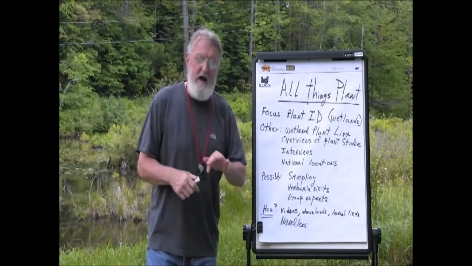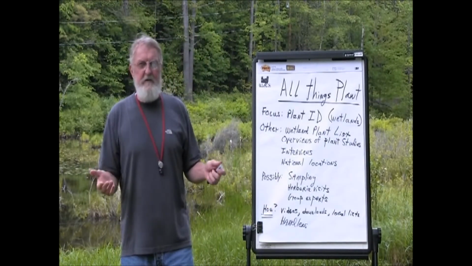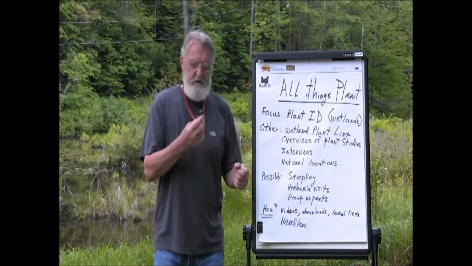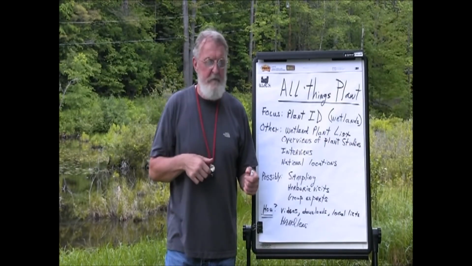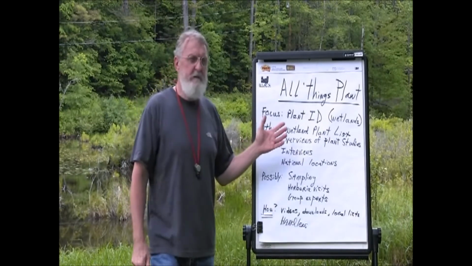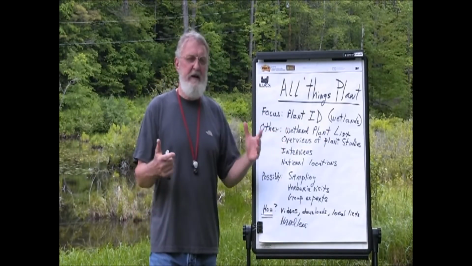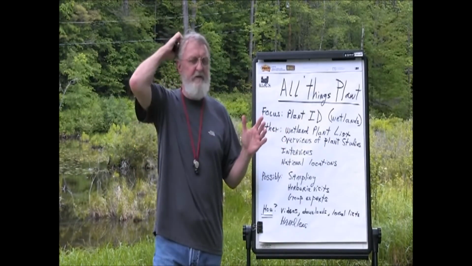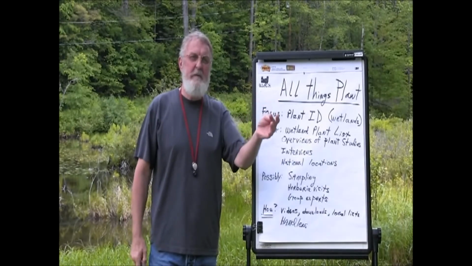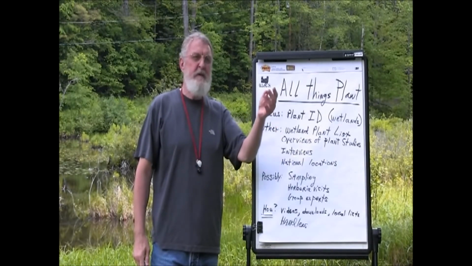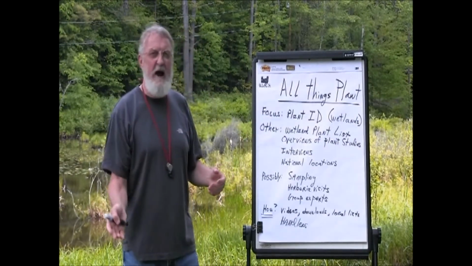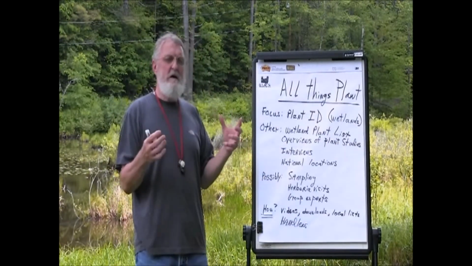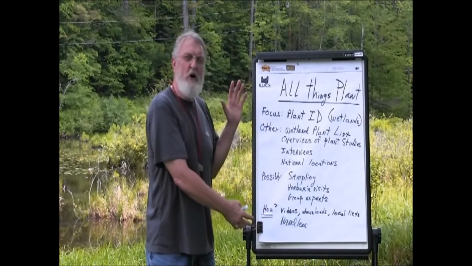And then the class is oriented to a hand lens; 10x is just fine. I'll probably be showing you a PDF. We're going to put some PDFs in the downloads of maybe some seed types and the juncuses, the rushes, and maybe some grass structures that we can't readily show here.